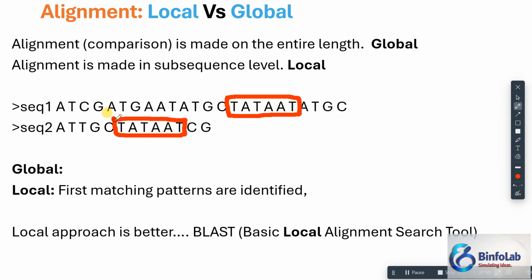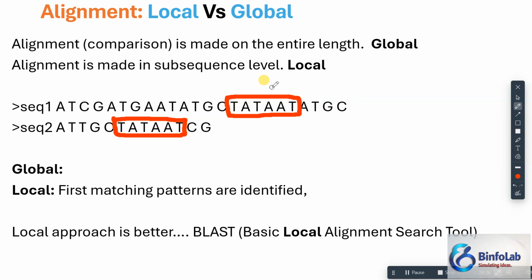If you have studied some biology, you will be aware that the TAT sequence comes in the upstream region of a gene, which we call the regulatory region. This region is also called the TATA box, and its importance lies in the fact that transcription factors recognize the TATA box.